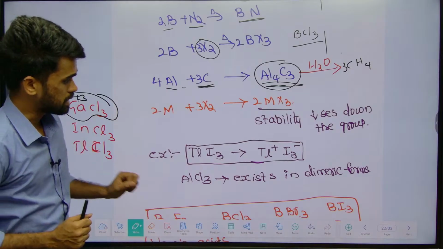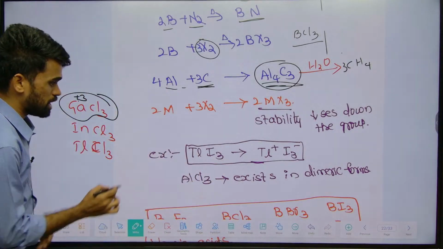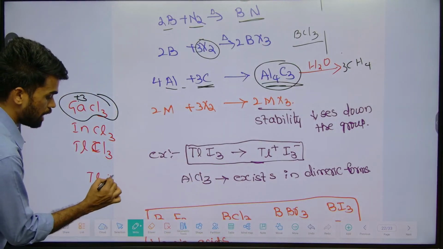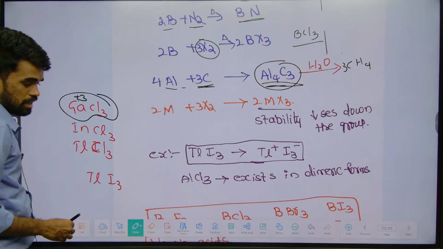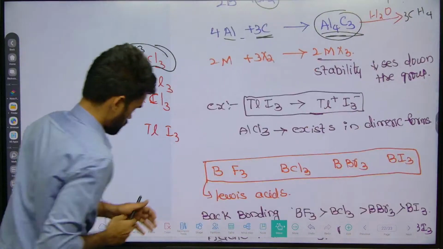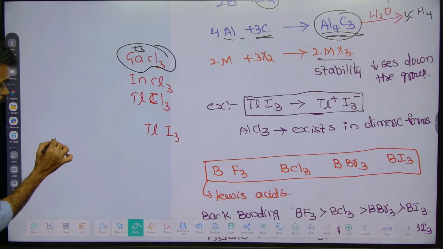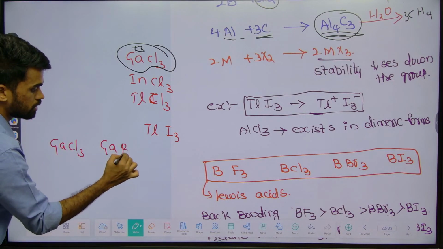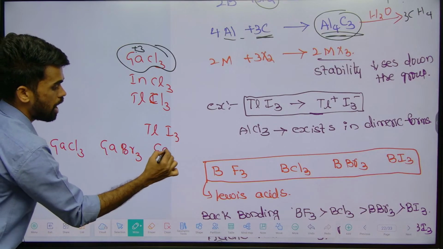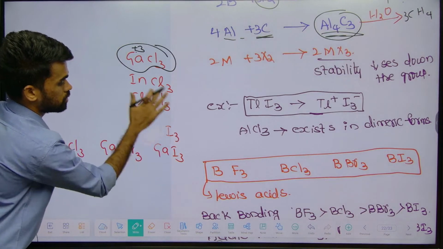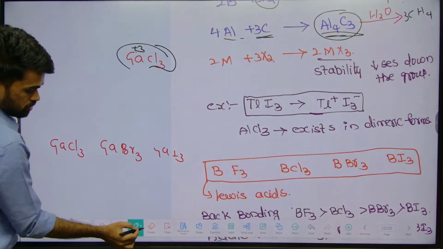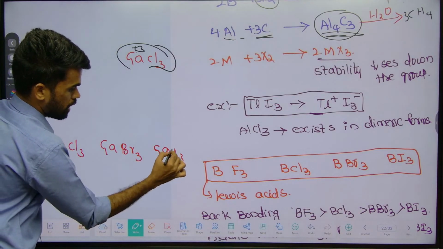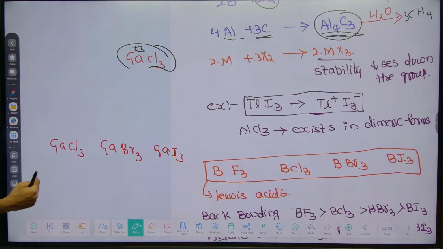Next, see what I am writing: gallium chloride, gallium bromide, gallium iodide. Which of these halides is more stable?